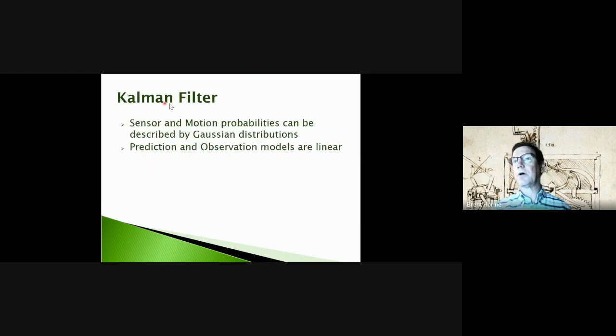The Kalman filter is a very popular and common one, but it has some pretty strong assumptions associated with it. Sensor and motion probabilities can be described by Gaussian distributions. Basically, every random variable present in the system needs to be a Gaussian distribution. And our prediction and observation models are linear.